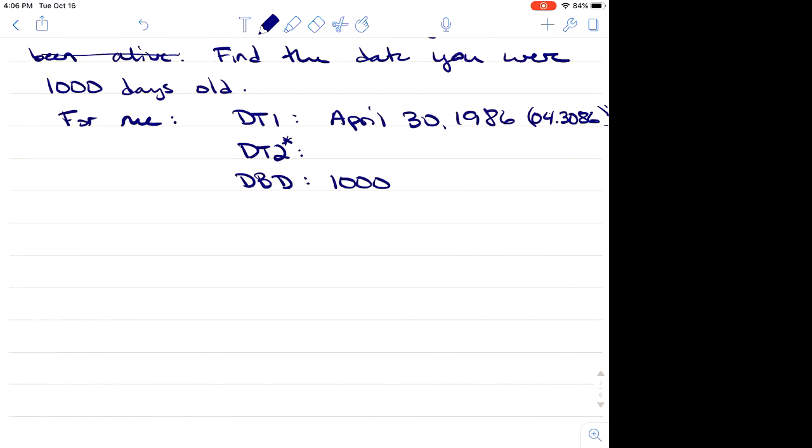Enter. Don't do anything for date 2, you can just leave it. Days between dates, I'm forcing it to be 1,000. Enter. And then I can scroll back up to date 2 and hit compute. Looks like it's saying it was a Tuesday.